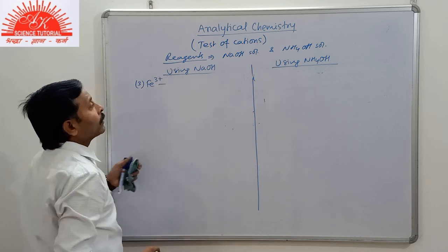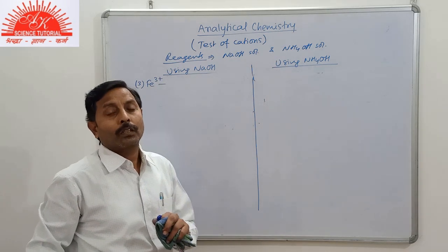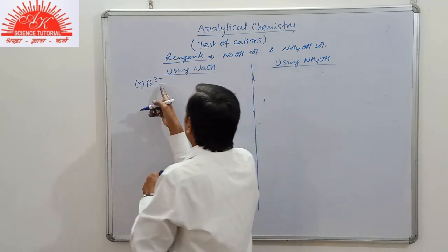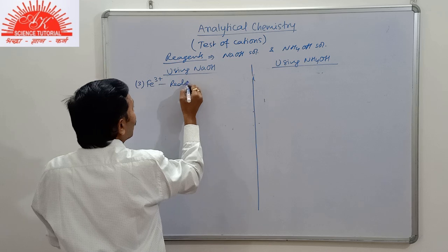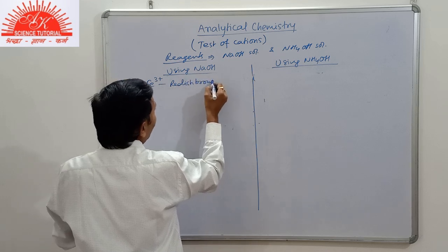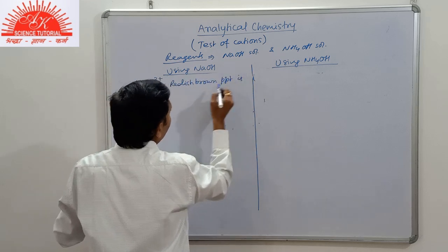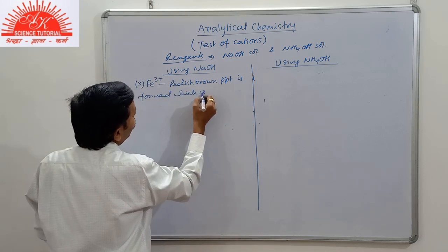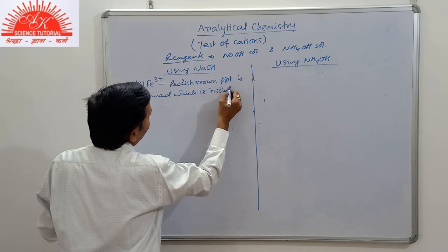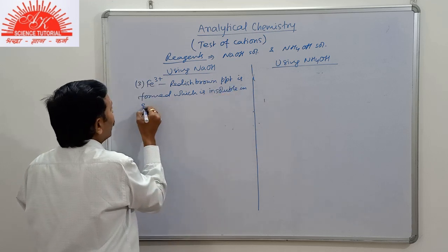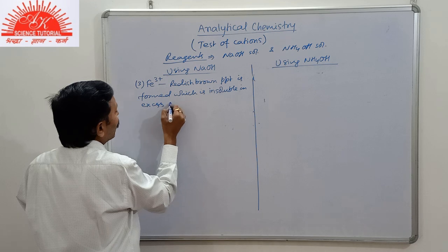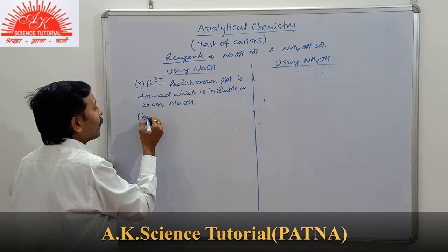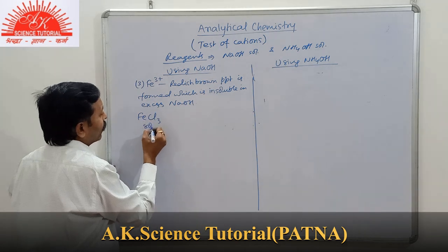Again in this salt solution, when you add NaOH, then for Fe3+, a reddish brown precipitate is formed which is insoluble in excess NaOH. Suppose we are taking ferric chloride solution.